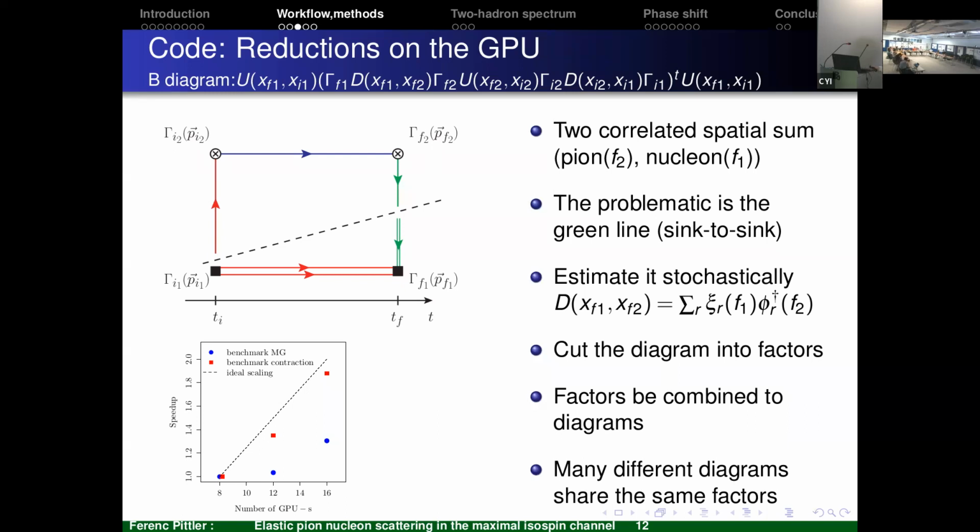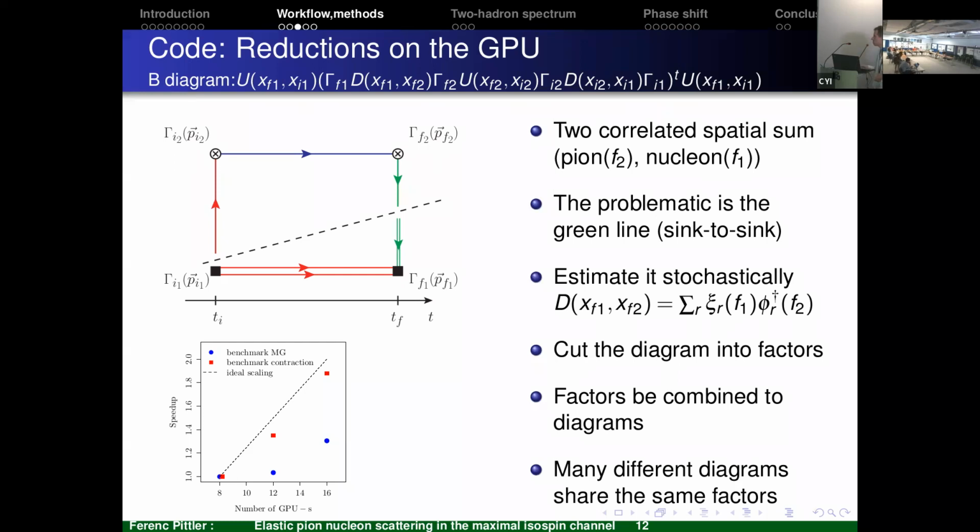We have to compute a sum at the nucleon and at the pion, and you can see in the diagram we compute that these 2 sums are connected through this propagator. The problematic part is this green line, which goes from sink to sink. Basically, this means we have to go from every lattice site to every other lattice site, and even storing this information is impossible.